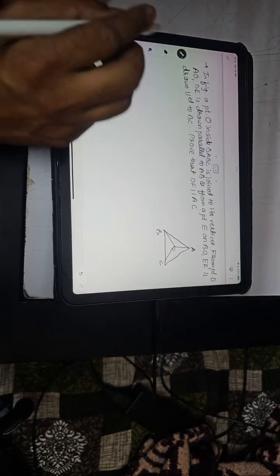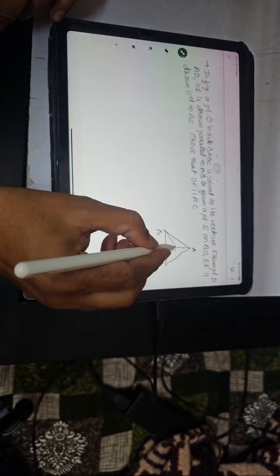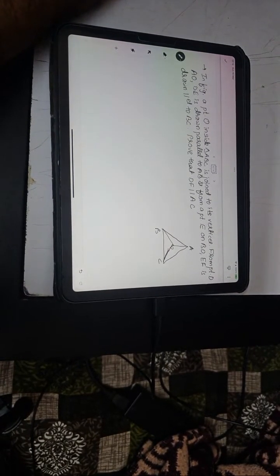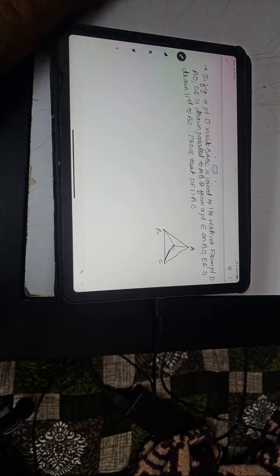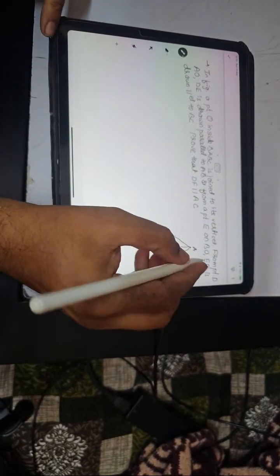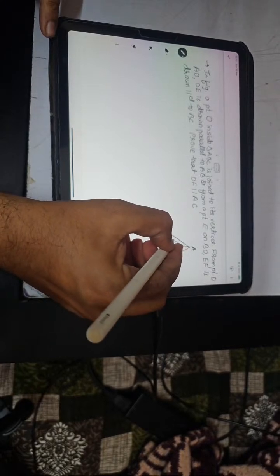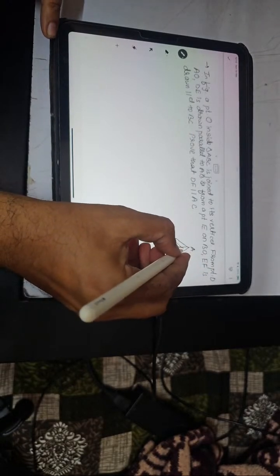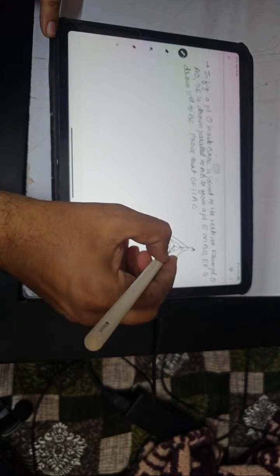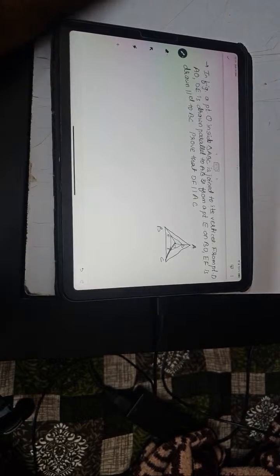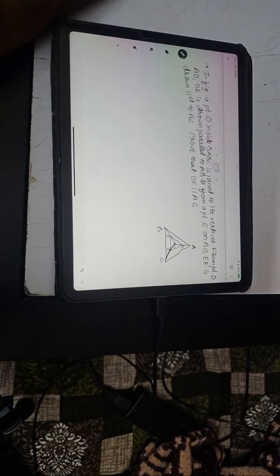Now he is saying then he is joining, see, these 3 points like this. Remember this diagram now. D, E, and F. Now he is asking me to prove this.